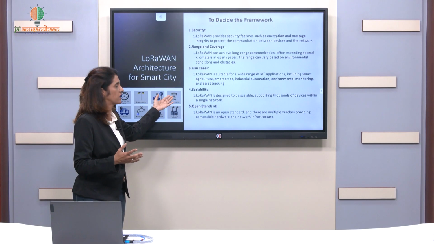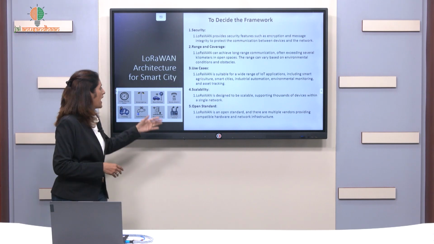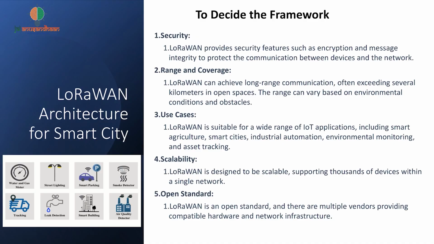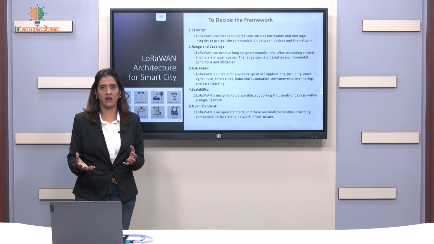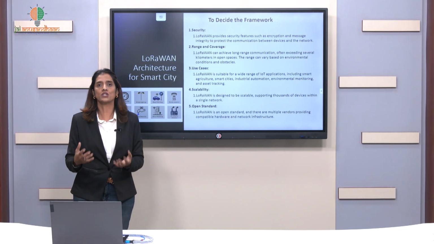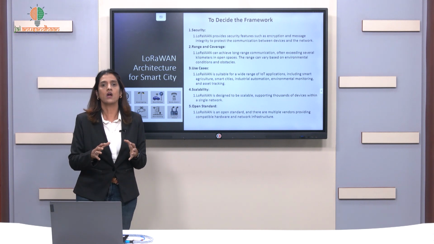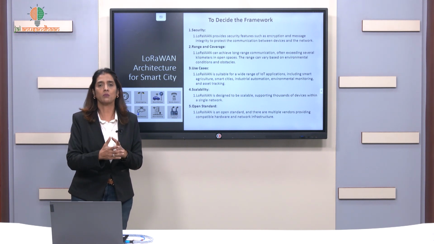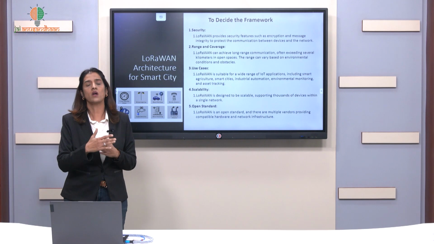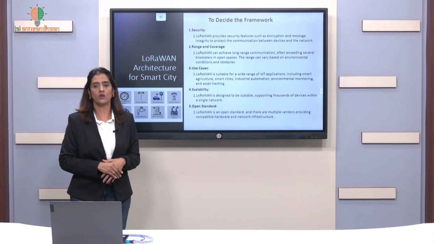Scalability is one of the major points, and so are open standards. Whether we want to go for a paid platform or an open source platform. These are the factors which decide the framework, the communication protocol, the network protocol or the IoT platform you want to use for your IoT application.